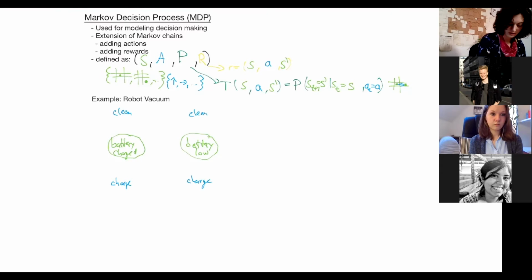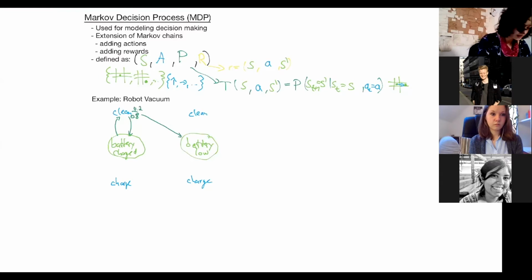Then we can define the transition probabilities for these. Let's say if the battery is charged and the robot goes to clean, with probability 0.8 it ends up back in the charge state, and with probability 0.2 we end up in the battery low state.